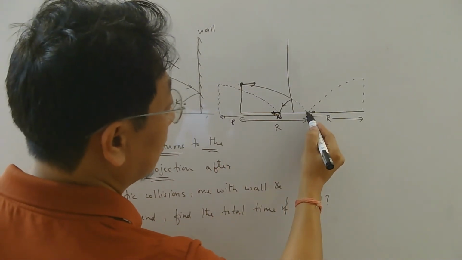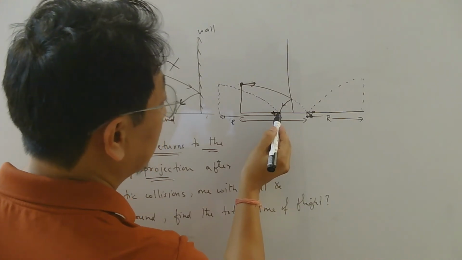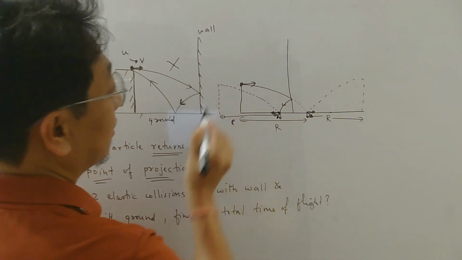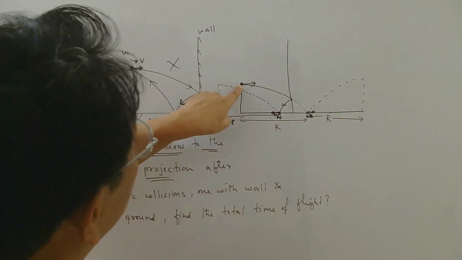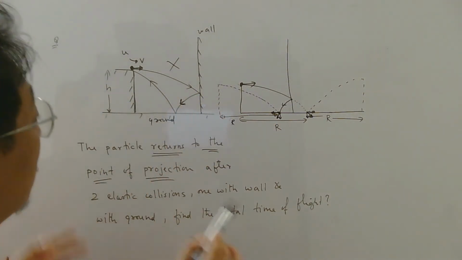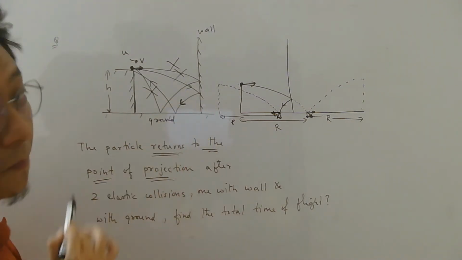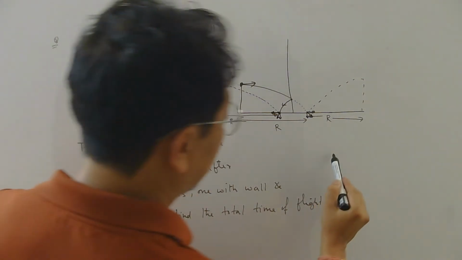So from here, if it travels r distance and h height, from here also it will travel r distance and h height. Therefore it will not reach this point. I hope you understood why this is not possible. In fact it cannot hit anywhere like this and come back, not possible.